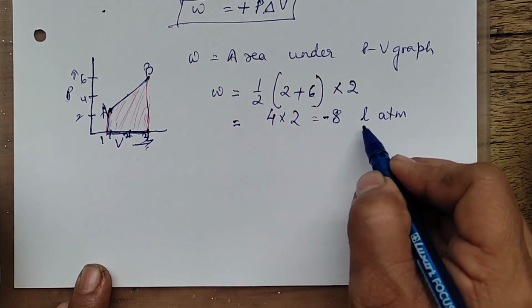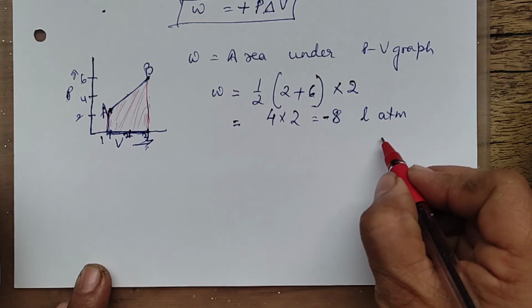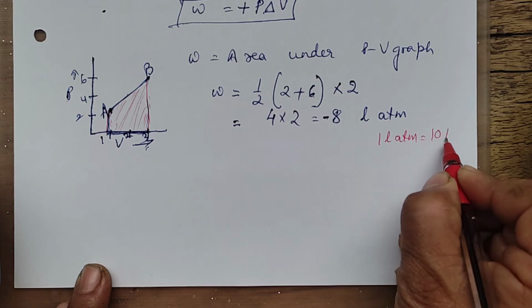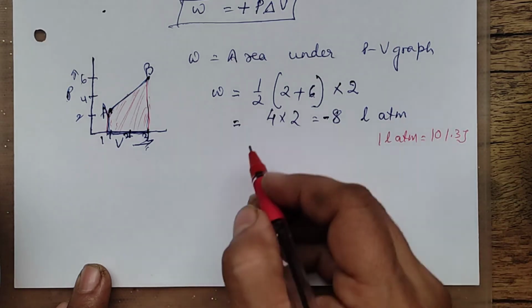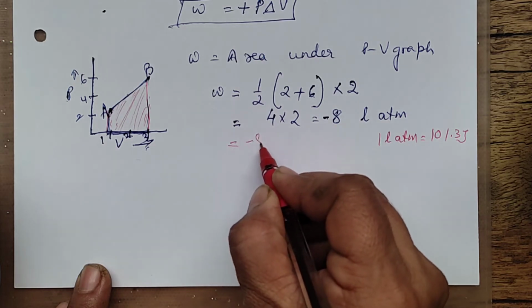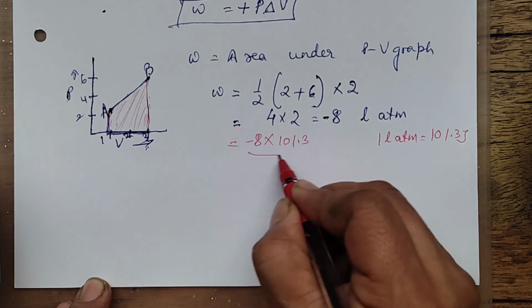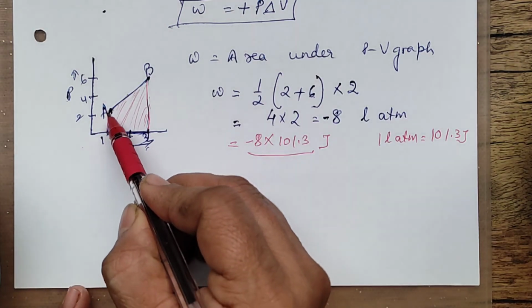You can make use of that relation, which says that 1 liter atmosphere is equal to 101.3 joules. Accordingly you can convert this into joules. You will have this as minus 8 multiplied by 101.3 joules. This will be your answer, the work done in moving the object from point A to B.